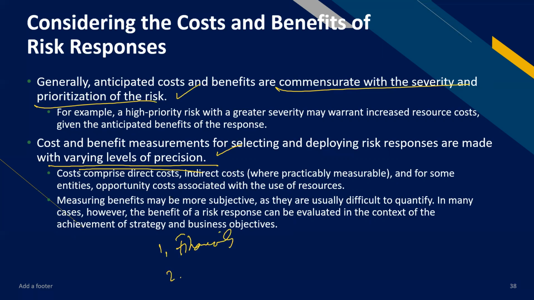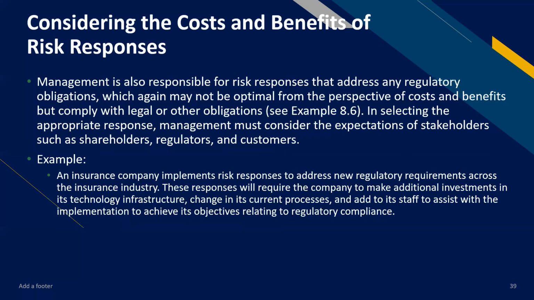If not financials, probably level of effort. Is the level of effort commensurate to the benefit that we're seeing based on the risks being mitigated? Management is also responsible for risk responses that address any regulatory obligations.